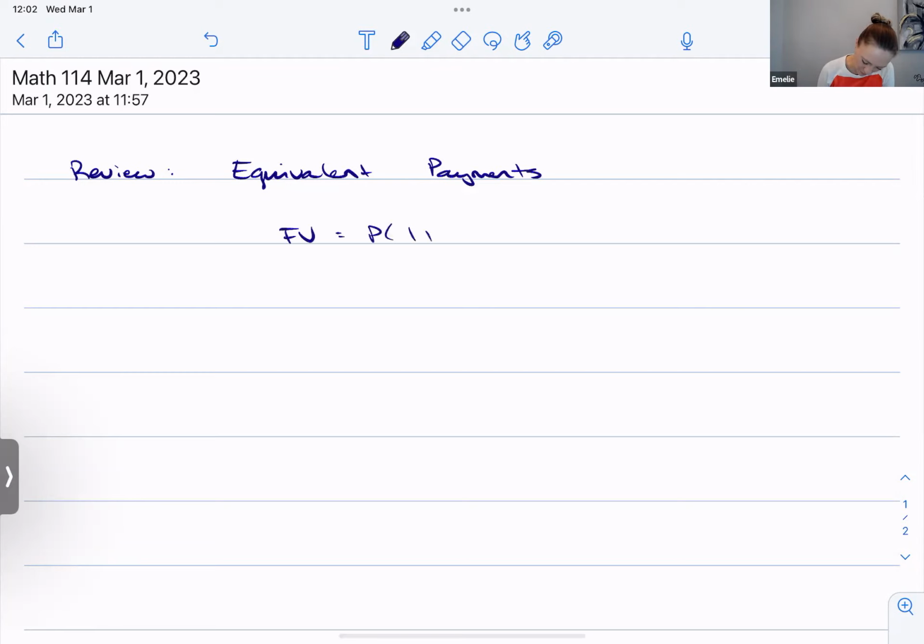Future value is P times 1 plus R times T. And we can solve for the future value, or we can solve for the principal amount. And we can solve for R and T, but it's a little more rare. And so usually we're just moving things around and making sure that we are repaying the same amount that we originally agreed to.